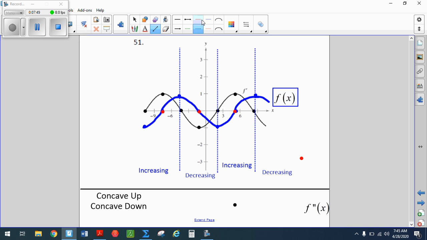Okay, on this space, it's increasing. So that means that on this space, my second derivative is positive. Then it's decreasing from here to here. So that means that my second derivative is negative.